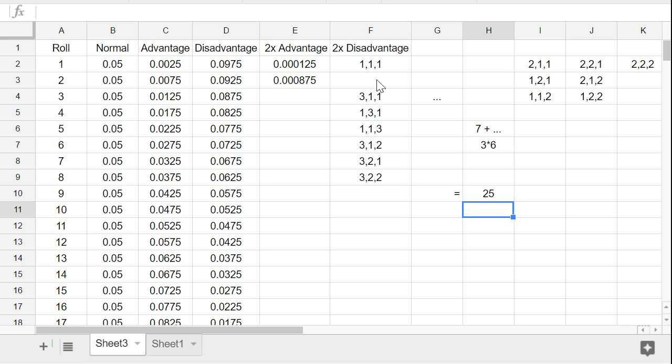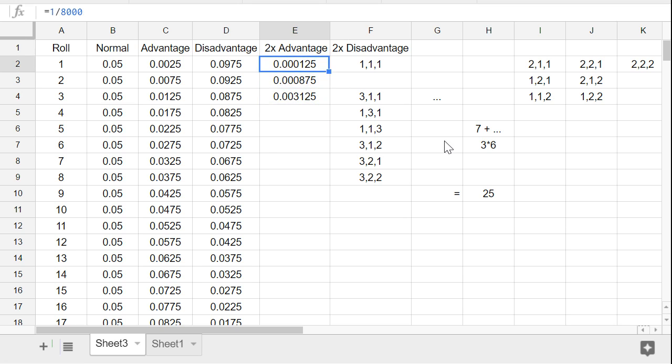And there doesn't seem to be an obvious pattern here. It's kind of messy and not really obvious. Like, you could probably figure something out. 25 over 8,000. Right? But 1, 7, 25.